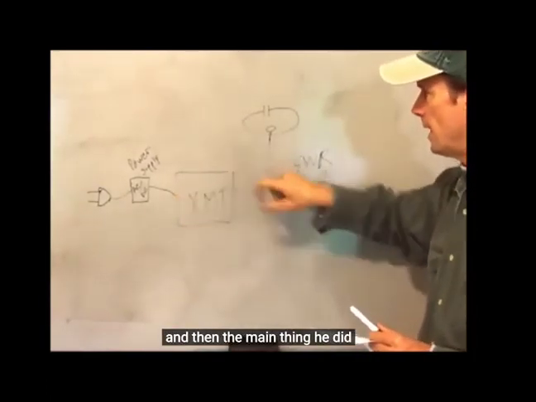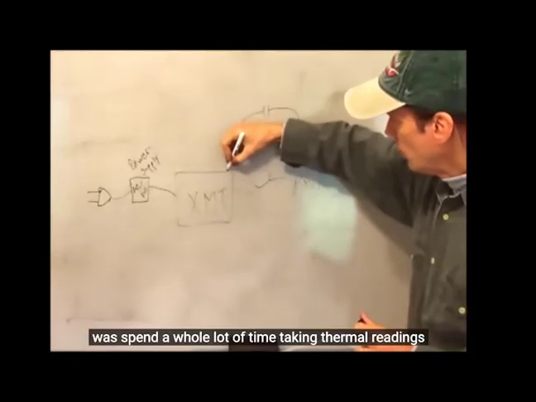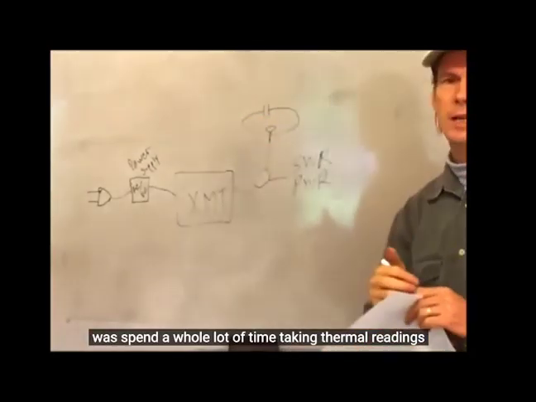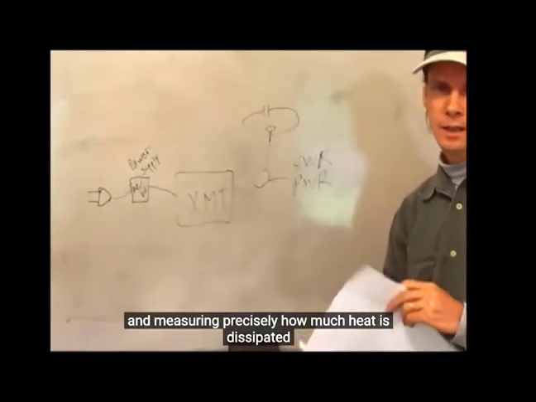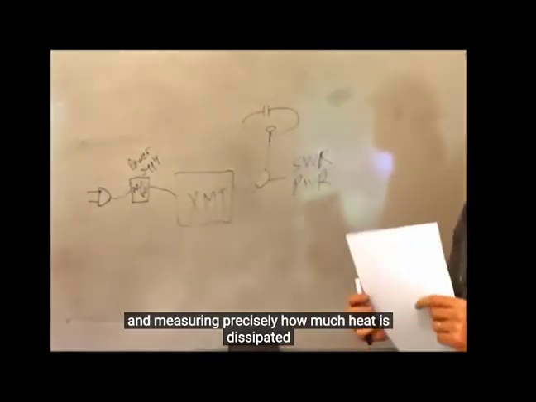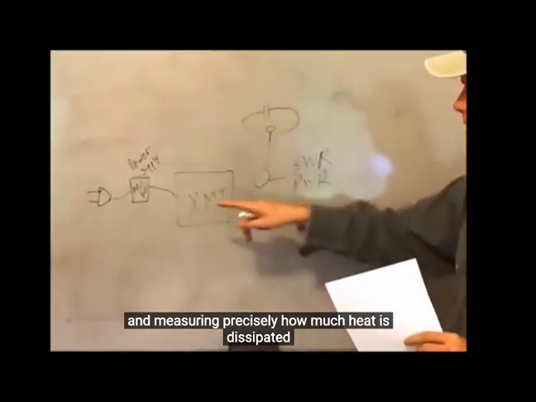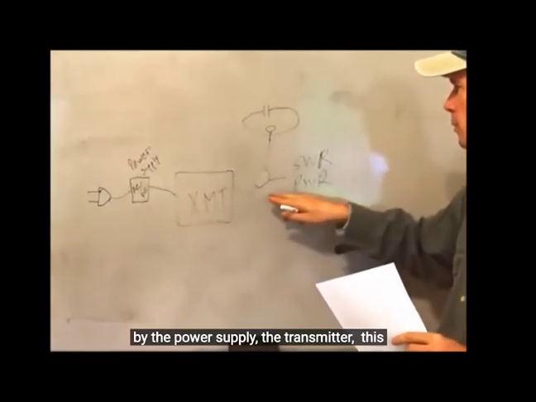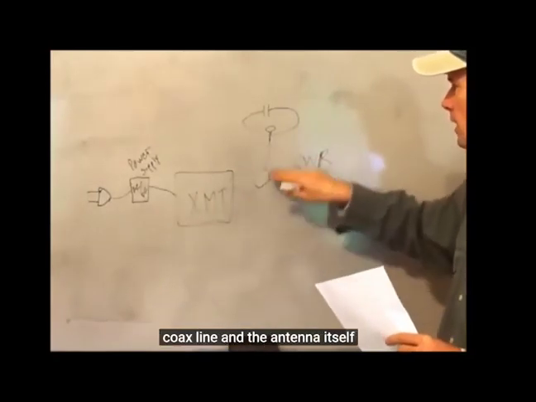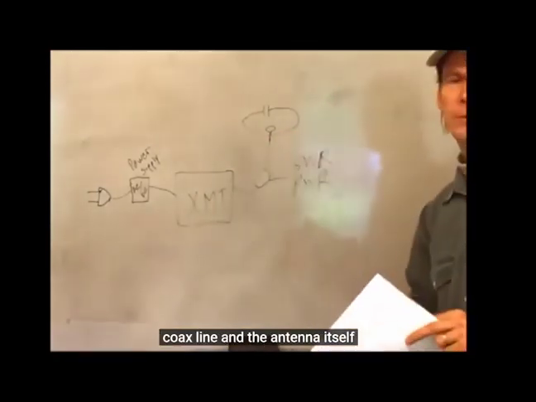And then the main thing he did was spend a whole lot of time taking thermal readings and measuring precisely how much heat is being dissipated by the power supply, the transmitter, this coax line, and the antenna itself.